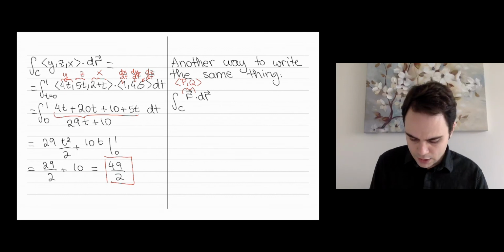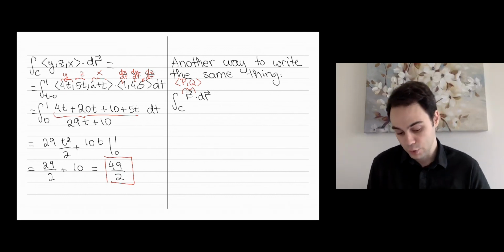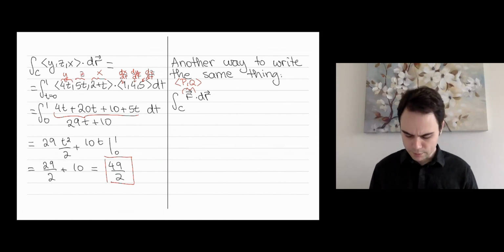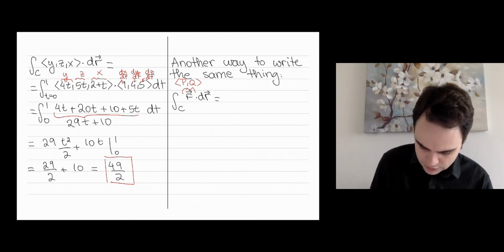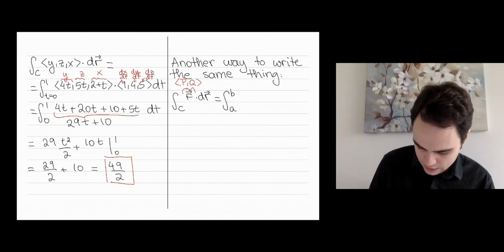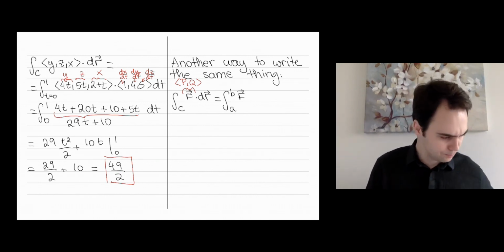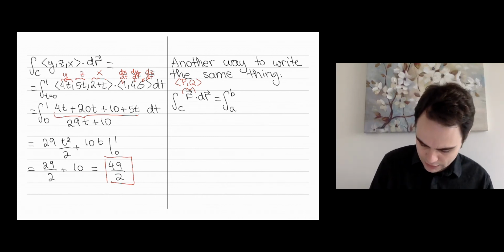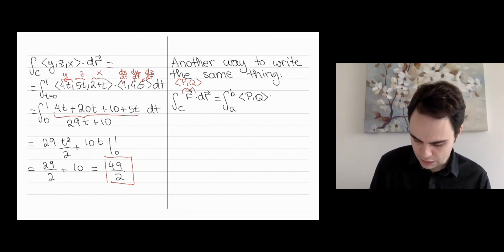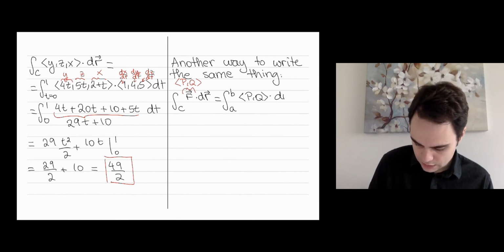So we're integrating this F, which really consists of two functions P and Q, over this curve C. We integrate over a parameter t between two bounds a and b, and F is just P and Q, and then dr is dr dt times dt.